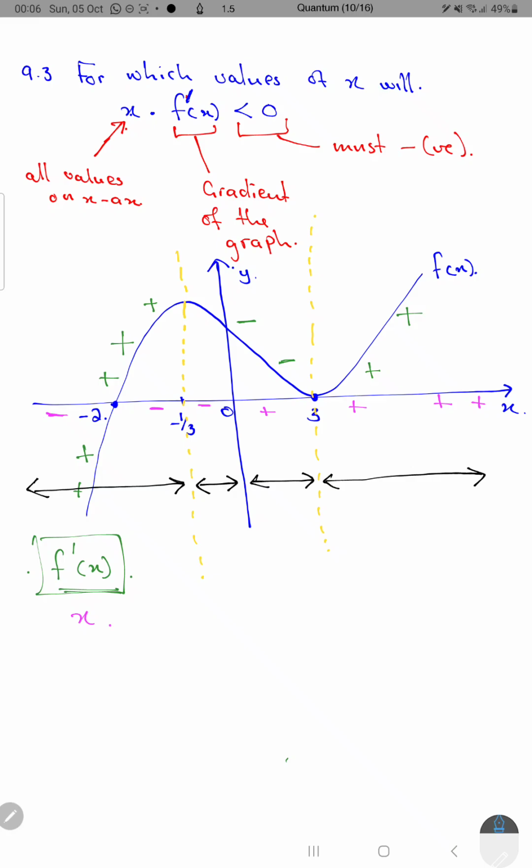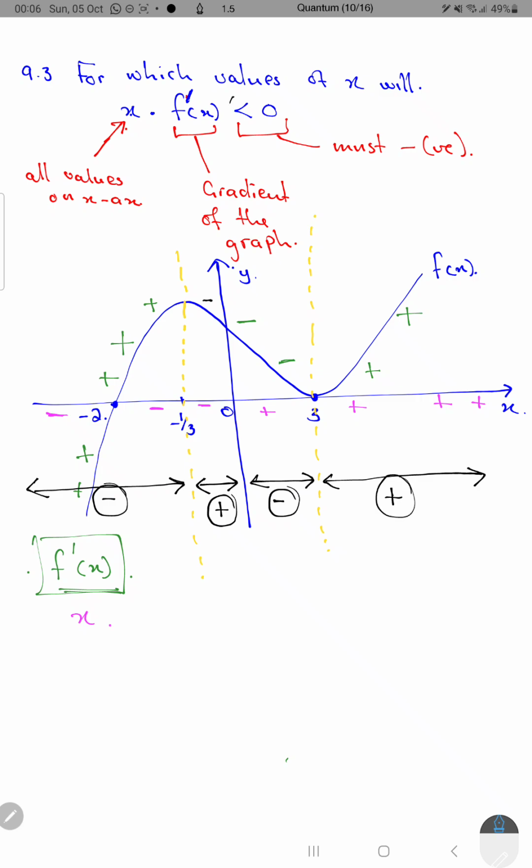Remember that a positive gradient multiplied by a negative gives you a negative. So I've got a negative here. Negative and negative gives a positive section here. Positive and negative gives a negative section here, and positive gives a positive section here.